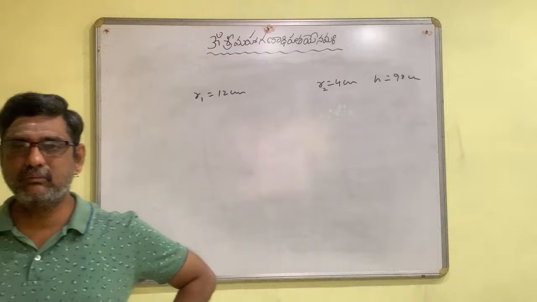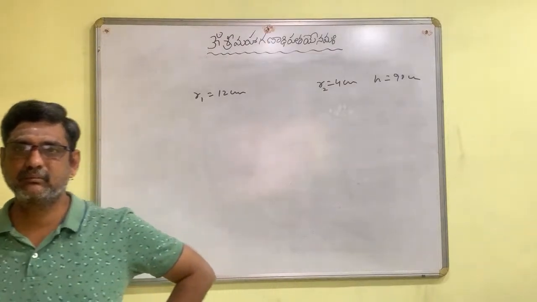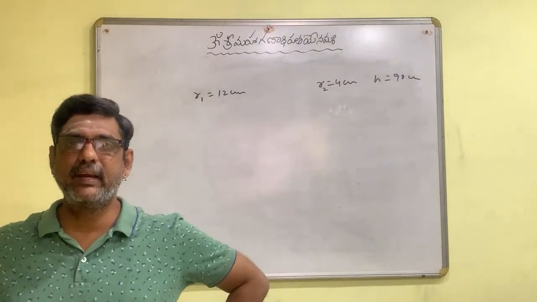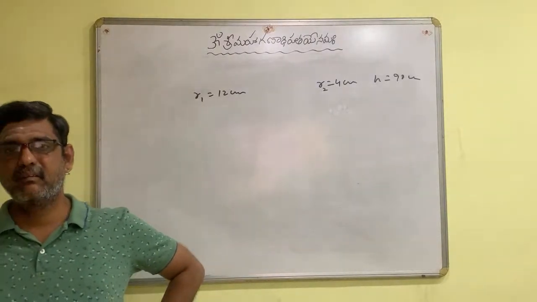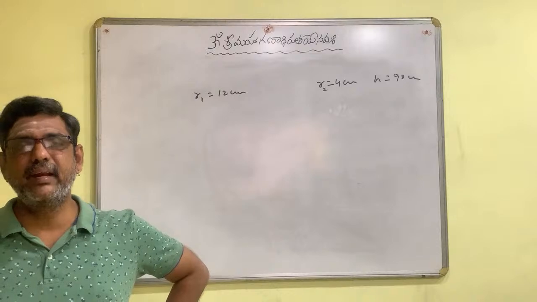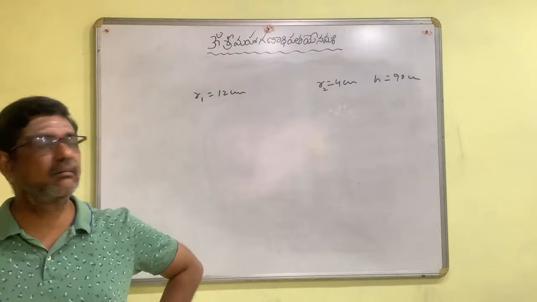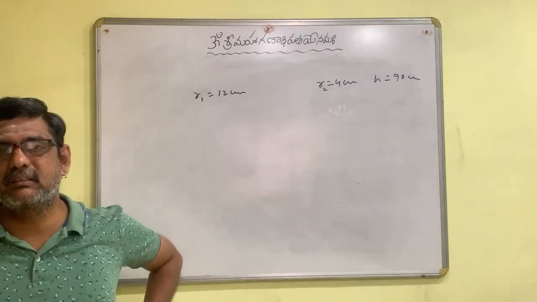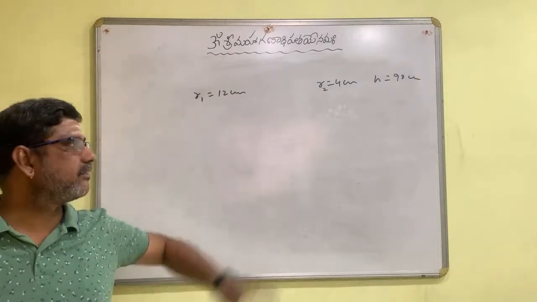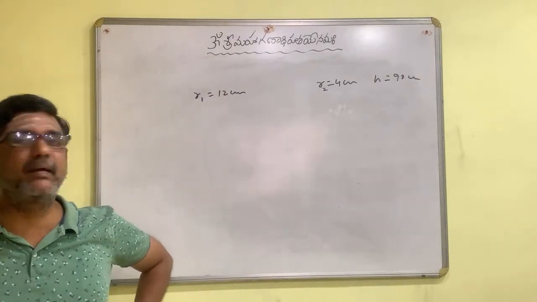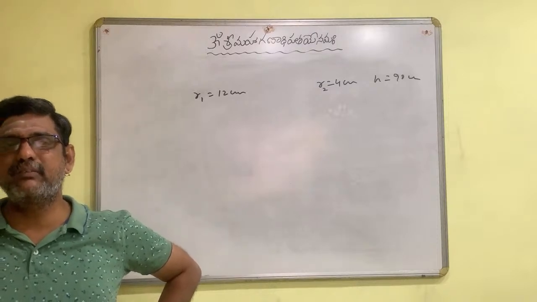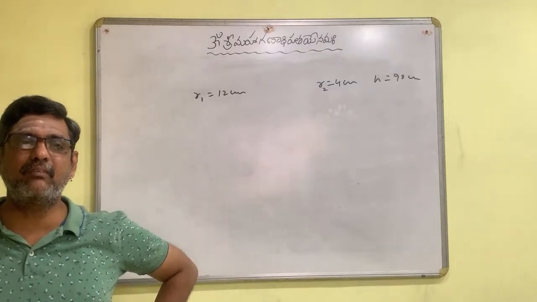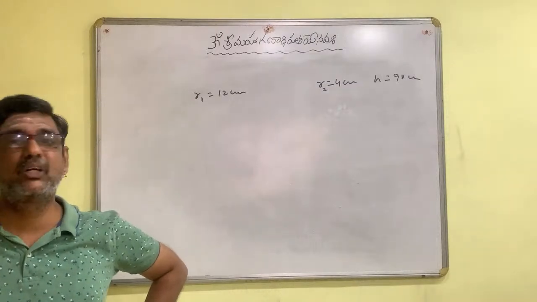What we have to do? We need to extract spheres of radius 12 centimeters from a cylinder of radius 4 centimeters and height 90 centimeters. That means we need to melt the cylinder and form spheres of radius 12 centimeters.